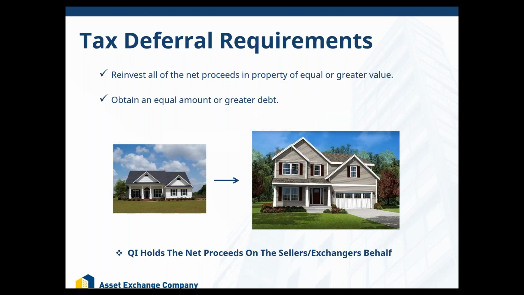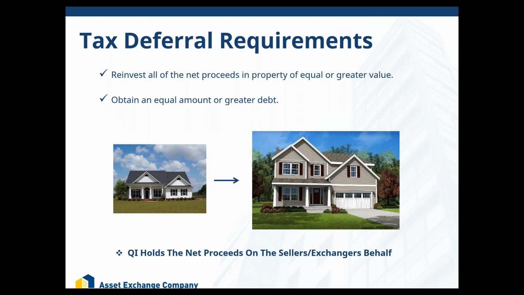Okay, now, what are the tax deferral requirements? Well, in order to get a full deferral, to defer your taxes 100%, rule number one is you must reinvest all of the net proceeds in property of equal or greater value. What exactly does that mean, right? Net proceeds. That's the cash, all right?